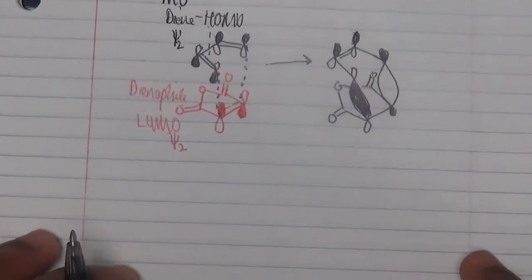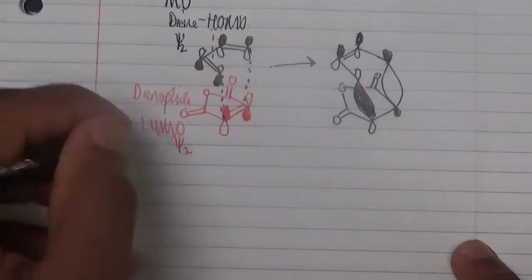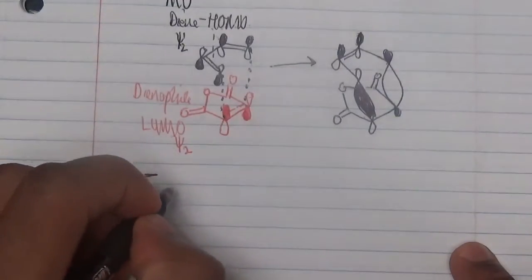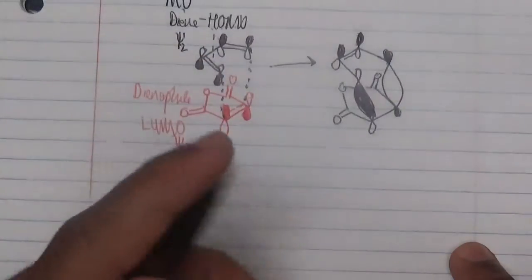Now the last important one is how our transition state will be formed. The transition state that will be formed, one, doesn't have any charge at all, no positive charge, no negative charge.